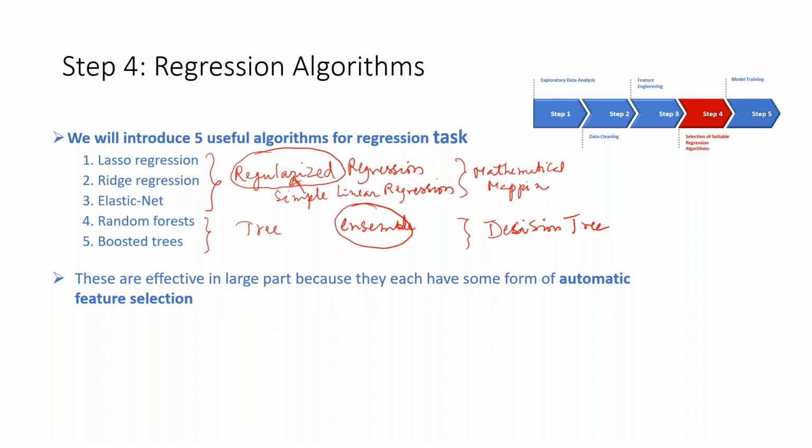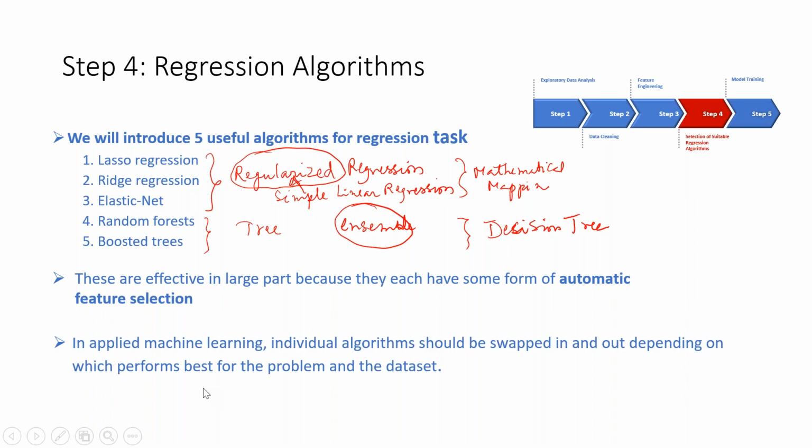So these five algorithms above have some mechanism of what we call automatic feature selection. In case there are too many features which will cause the model to be overfitted, they have internal mechanisms to reduce or shrink those features. Anyway, I am using those words, don't worry, you will understand everything in a few minutes.